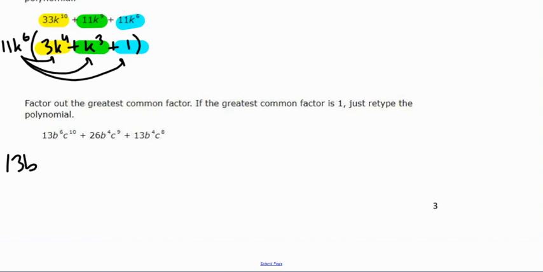So I'm going to choose the one that fits in all of them, which is b to the 4th. And my next variable factor is c to the 10th, c to the 9th, and c to the 8th. I can factor out c to the 8th, parenthesis.